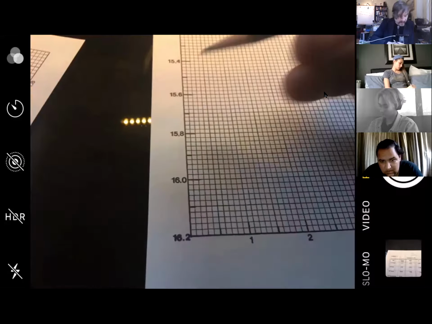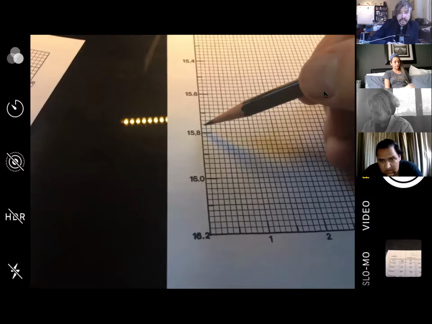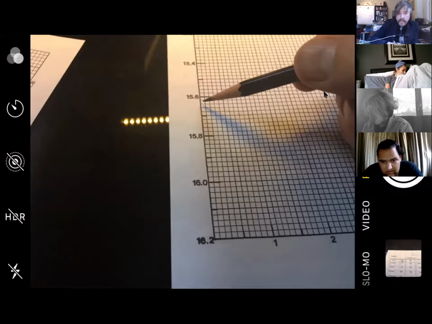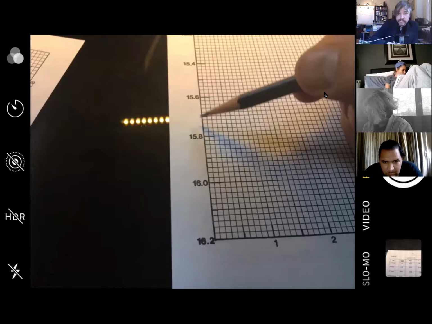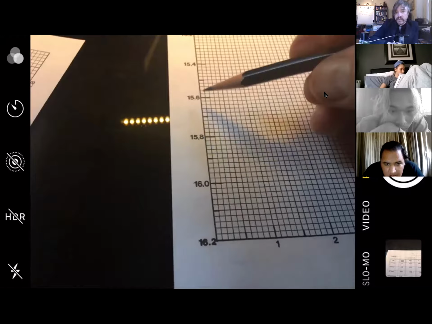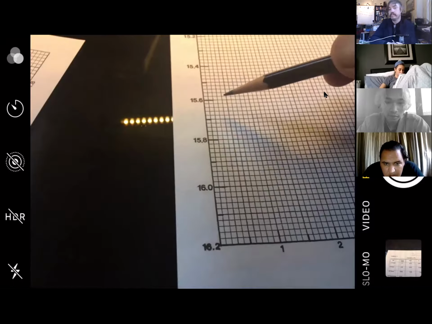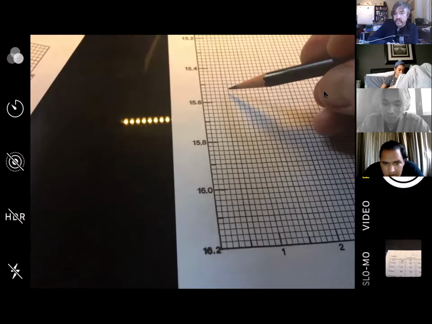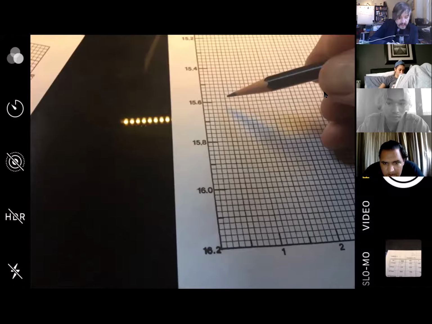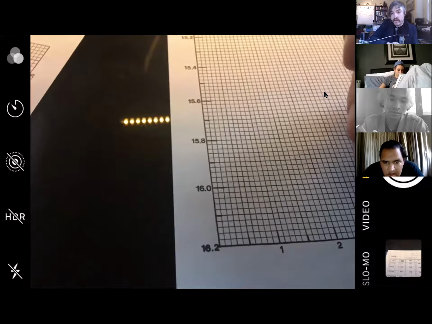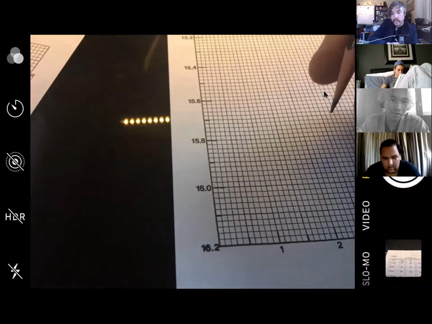Okay, someone tell me, what is each tick mark worth on the y-axis? Interval divided by the number of boxes. 0.02.